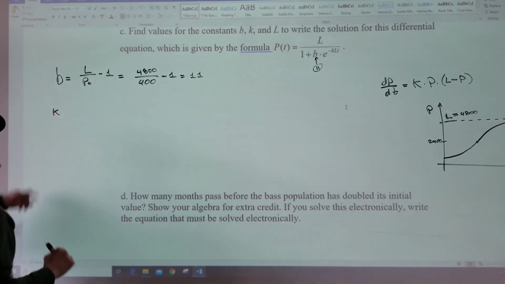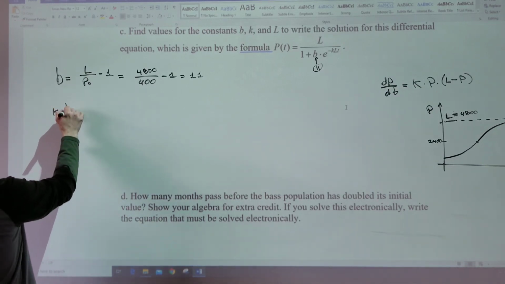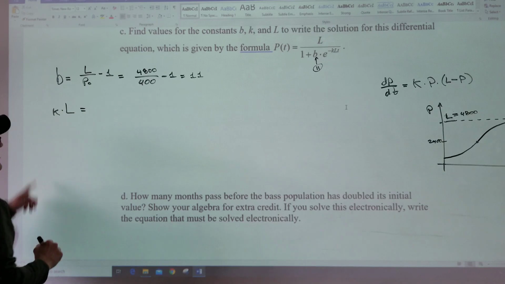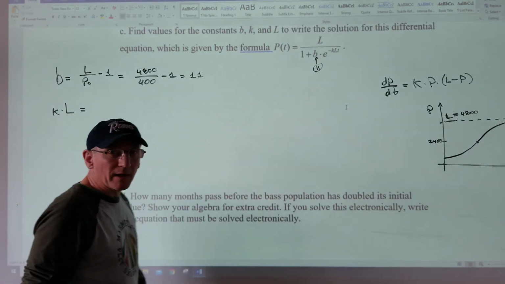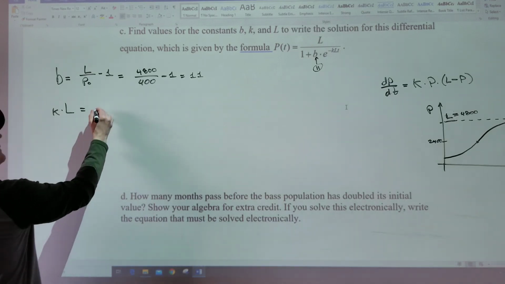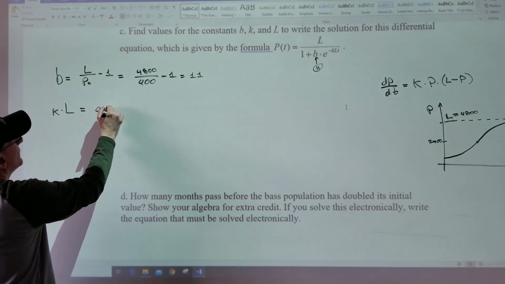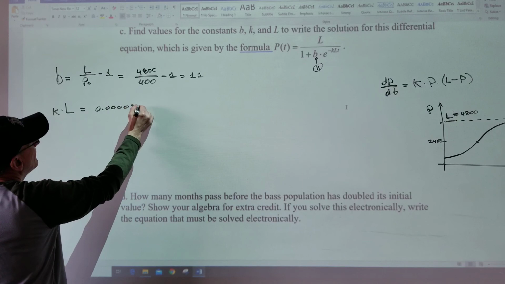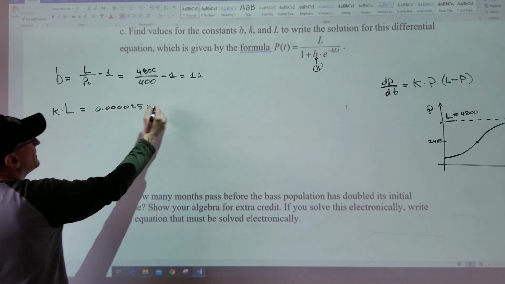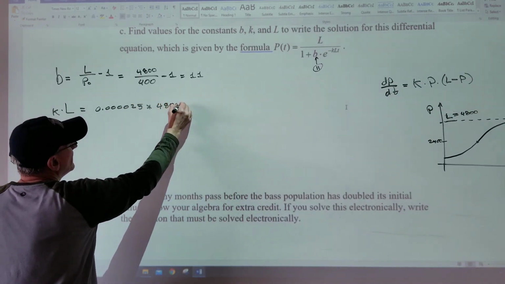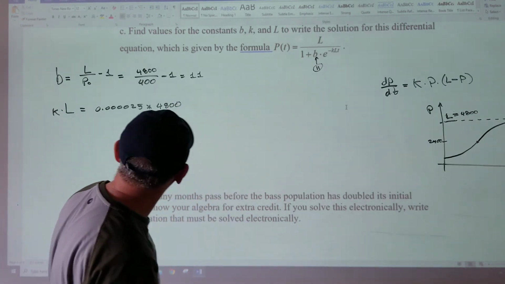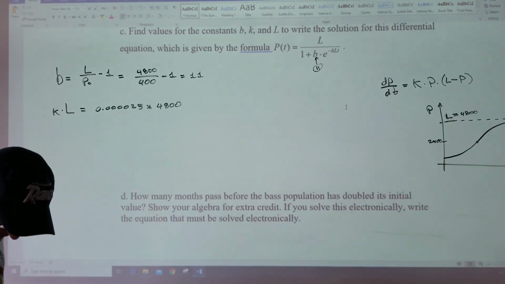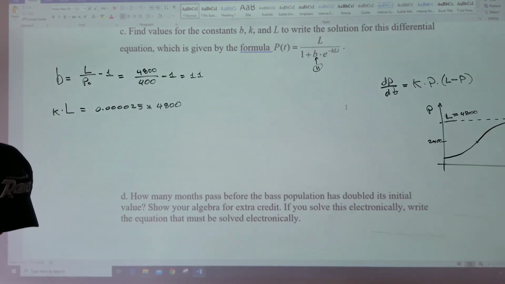Because K tends to be small, L tends to be large. And if you're going to write both those numbers up here in this exponent, it's going to make a mess. Okay, so K, geez, what was it? 0.000025. And then L was, I believe it was 4,800. And what does that make? I think it makes 0.12. And let me check that for sure.